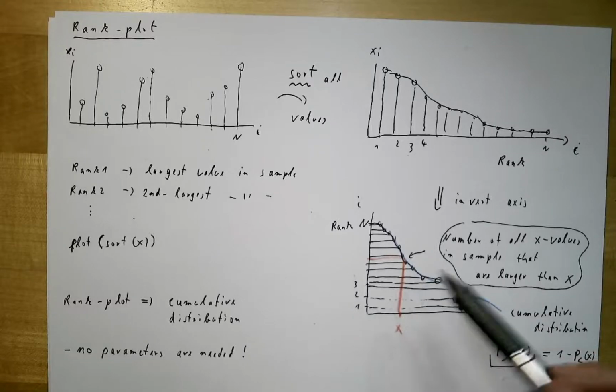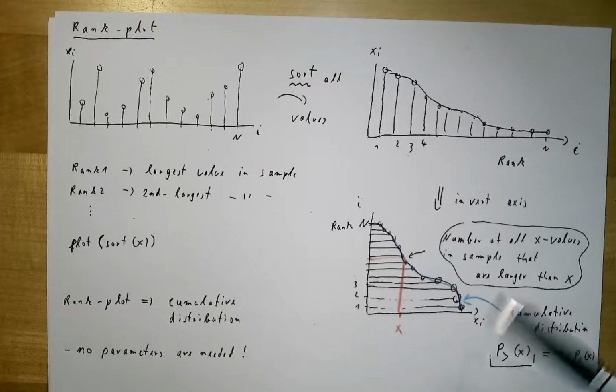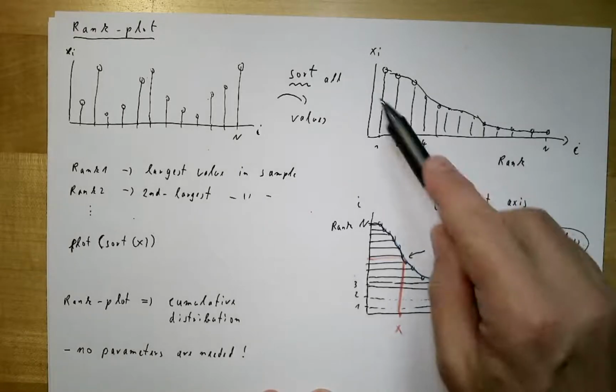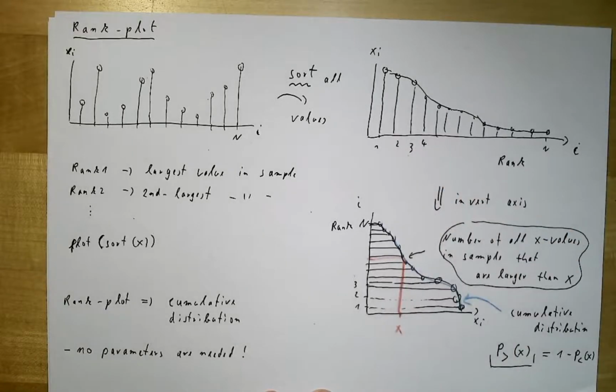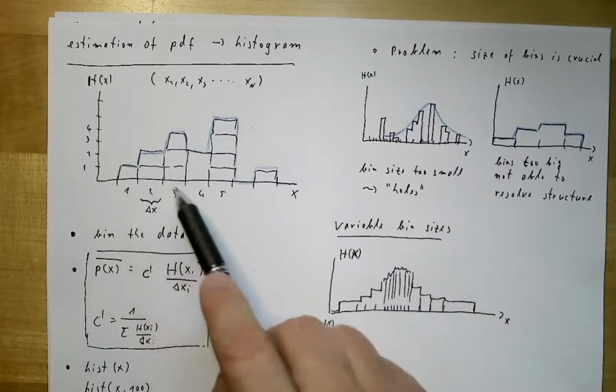So if you really want to go from the cumulative to the PDF, then we need to put again parameters, and then we can directly construct the histogram. But it's interesting that two very different numeric algorithms, sorting and inverting axes, is numerically equivalent to binning data.